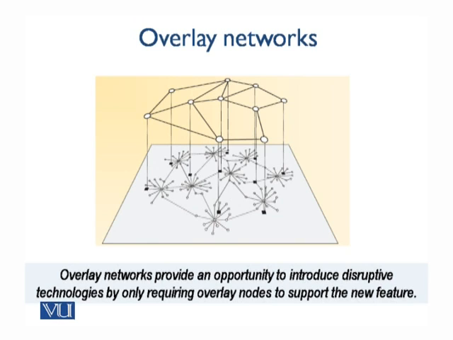So this is a very interesting concept, and it provides an opportunity to introduce disruptive technologies, because now it's not necessary to change the entire internet to support your application.